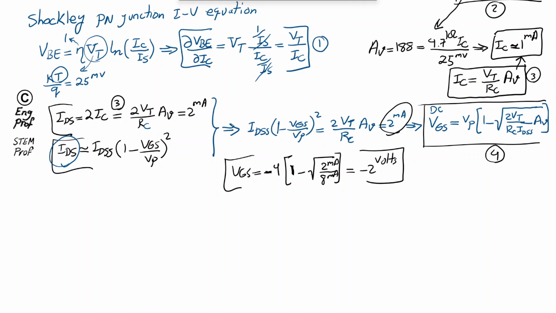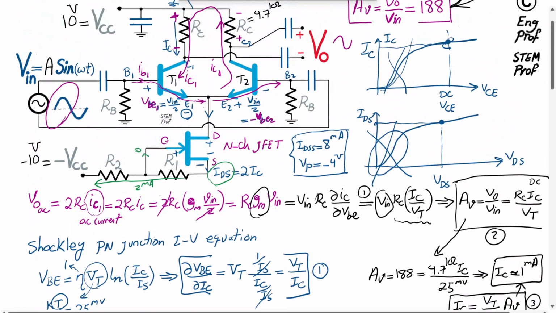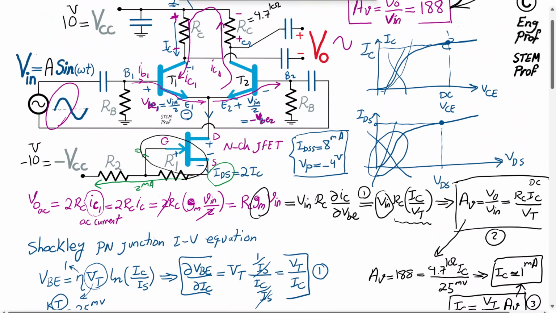Okay, so we have the voltage of the gate source in DC value, and as a result, now we have everything to find R1. So I know the voltage drop across R1 with the polarity gate source -2, so there's a 2 volt drop across R1 when 2 milliamp is passing through R1.